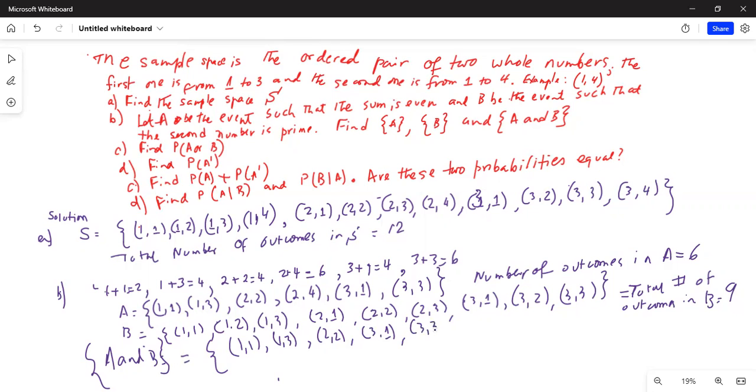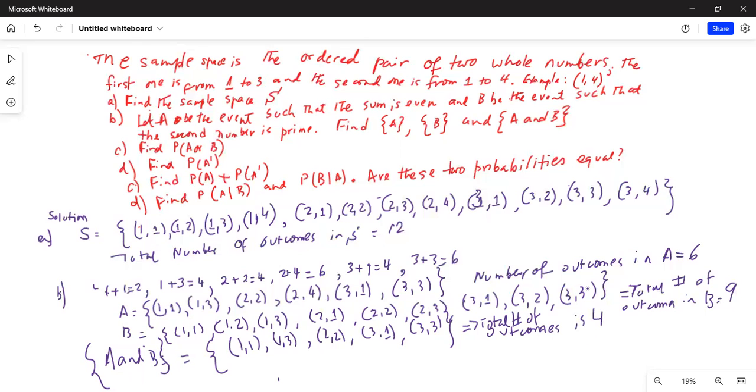So the total number of outcomes in A and B is 4.